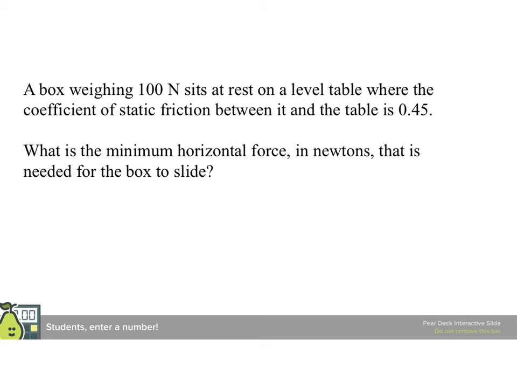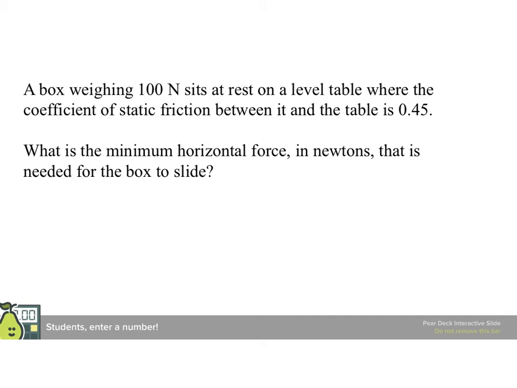All right, a box weighing 100 newtons sits at rest on a level table where the coefficient of static friction between it and the table is 0.45. What is the minimum horizontal force in newtons that is needed for the box to slide? Well, if we want the minimum force for the box to slide, that's just more than the maximum force where the box doesn't slide.